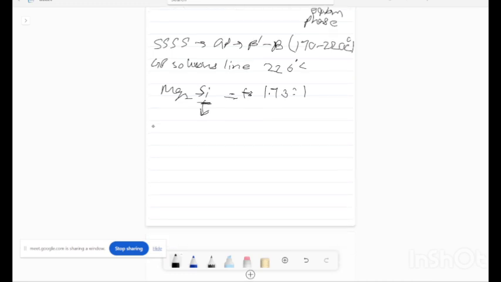So we see the aluminium alloy 6061, which has the composition of aluminium, 1 magnesium, 0.6 silicon, and 0.25 chromium. So chromium is added to refine the grain size, means it inhibits the grain growth.